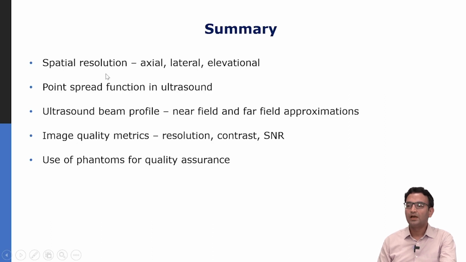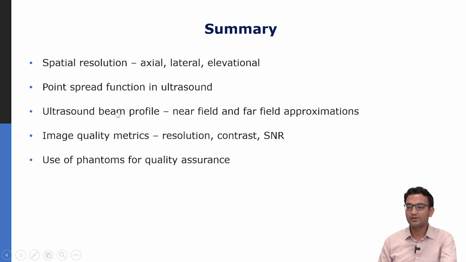To summarize, in this lecture, we discussed a variety of topics. We discussed the spatial resolution, the axial, lateral, and elevational resolution. Typically, in introductory courses, people restrict to axial and lateral resolution only, but elevational resolution is also important and it dictates imaging quality. We discussed point spread function in ultrasound.